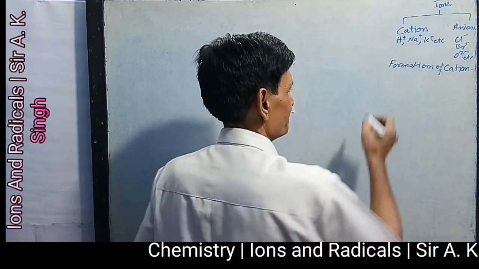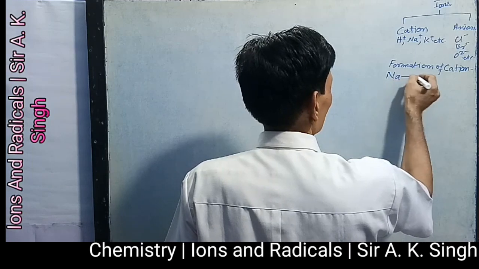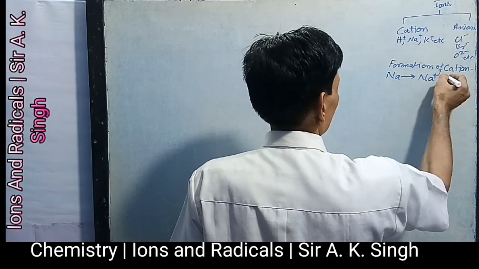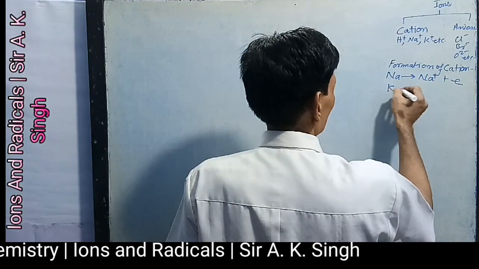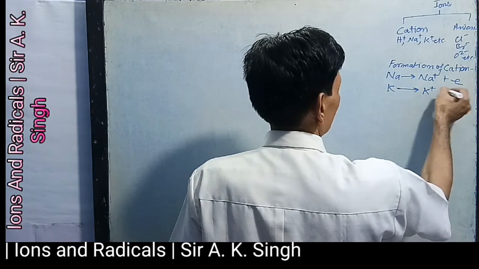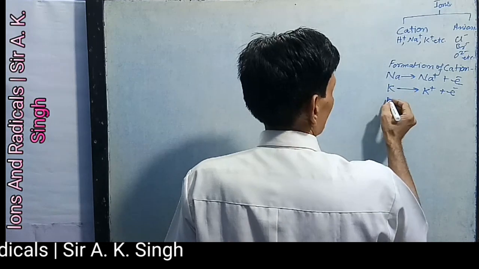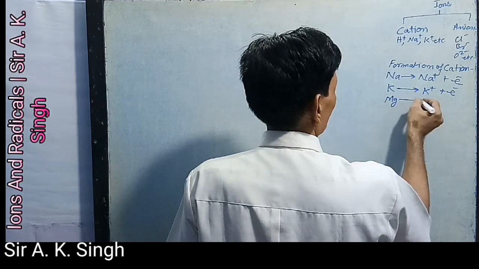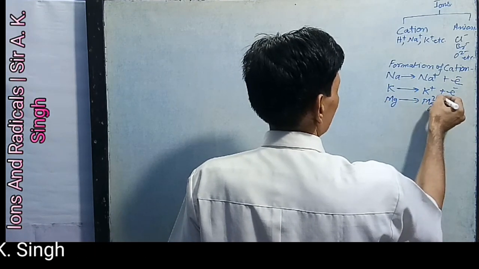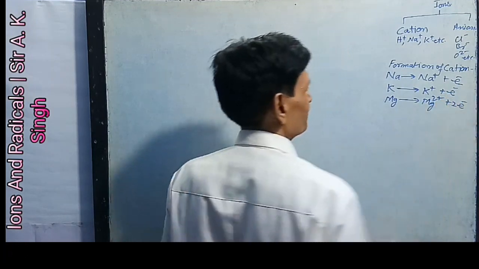See the example. Sodium loses one electron to form Na plus plus an electron. Potassium loses one electron, like that. And magnesium loses 2 electrons to form magnesium 2 plus plus 2 electrons.